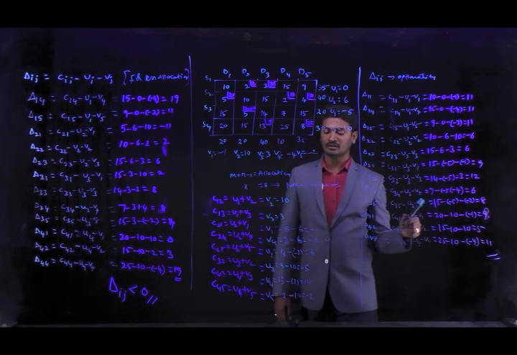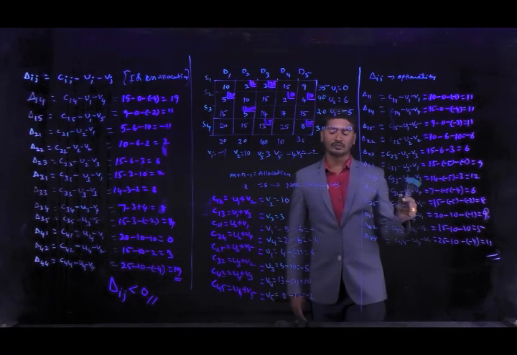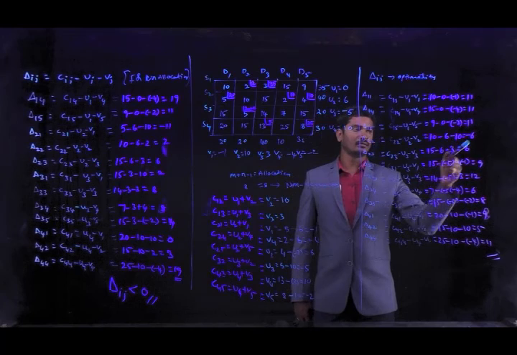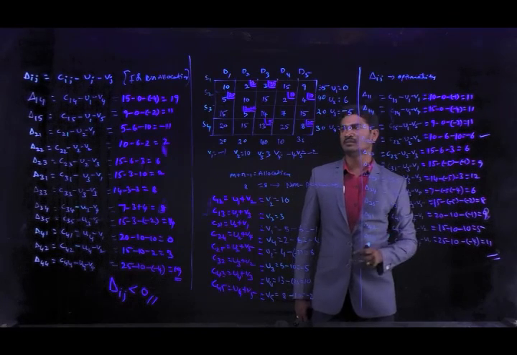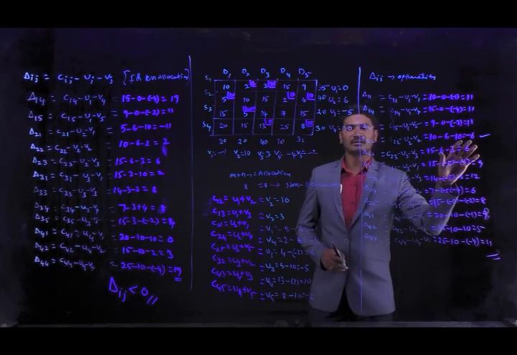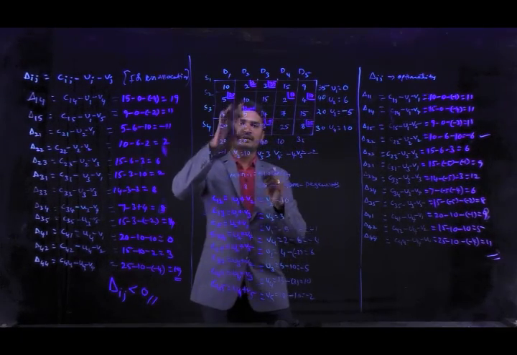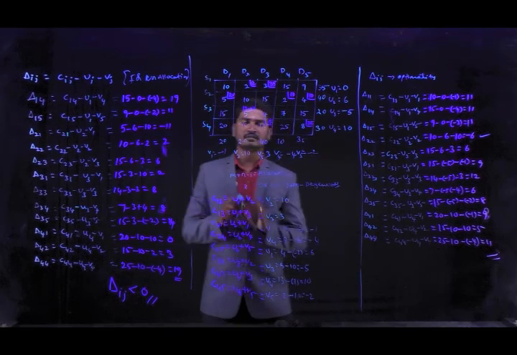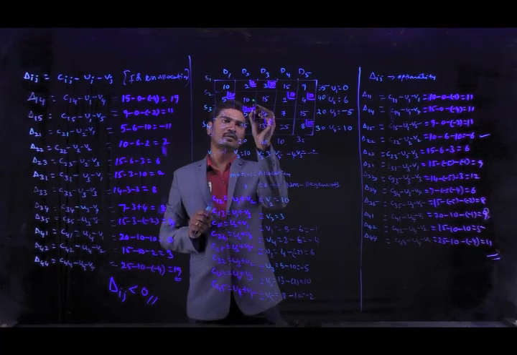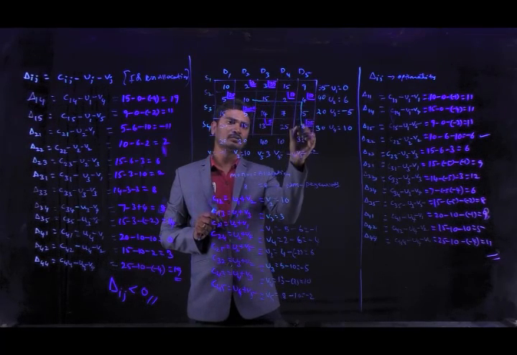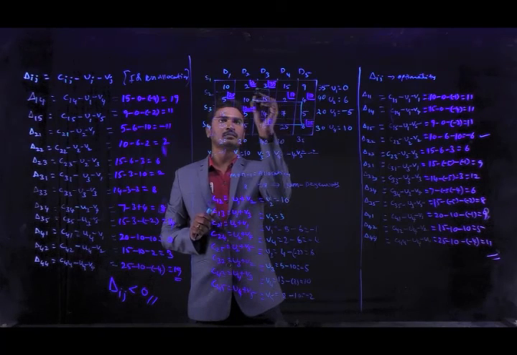Here again we have a negative value, so delta 22 is the negative value. Again we are taking the delta 22 here. Again we start the loop from here to the cells. So again we are going to draw the loop from here to here.